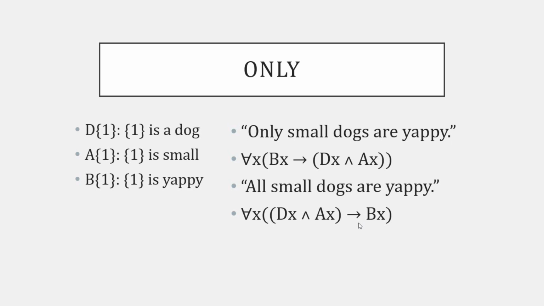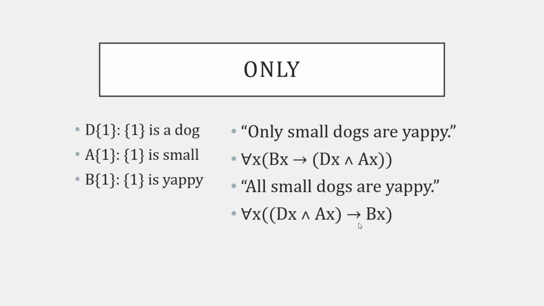We're restricting our domain of discourse to all and only the yappy things, and we're going to make a claim about them. And that's false if there's anything that is yappy but isn't a small dog. If you had a yappy cat or a yappy capybara or something, that would make the claim that only small dogs are yappy false.